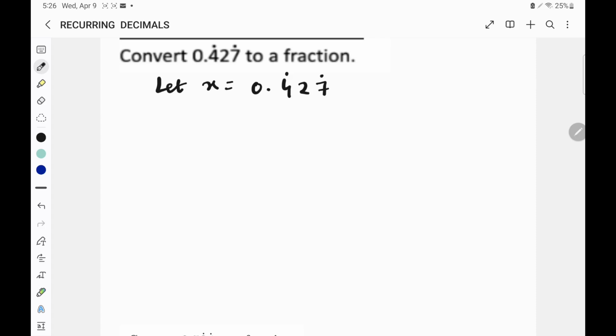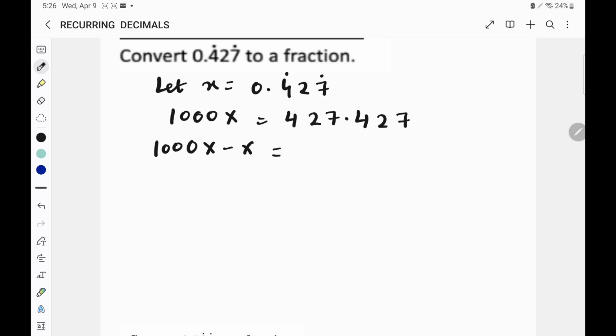So 1000x equals 427.427. Now there is no number which is not repeating, so we do minus x. 1000x minus x equals, with nothing else to subtract, 427. In the first question I wrote each and every step, now I'm not repeating those steps.